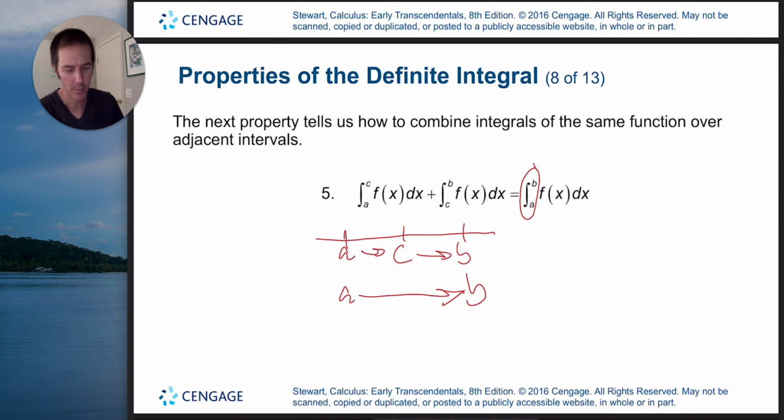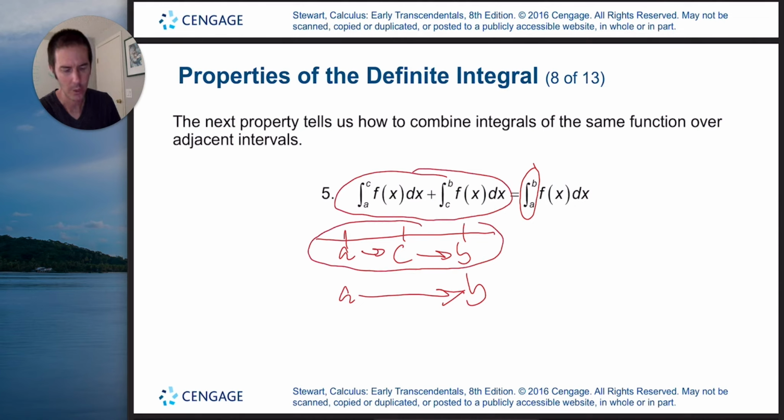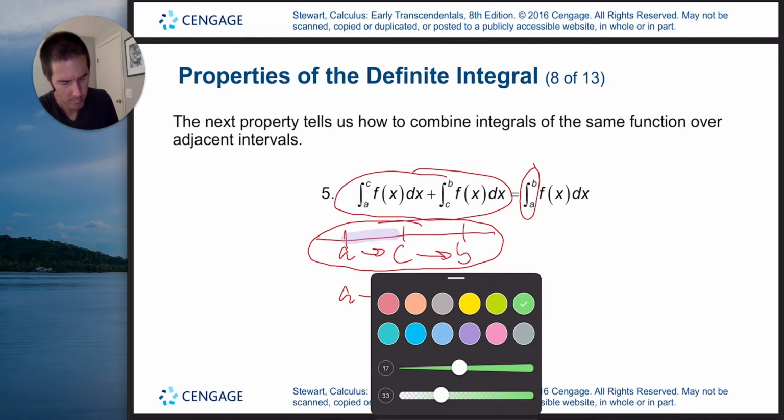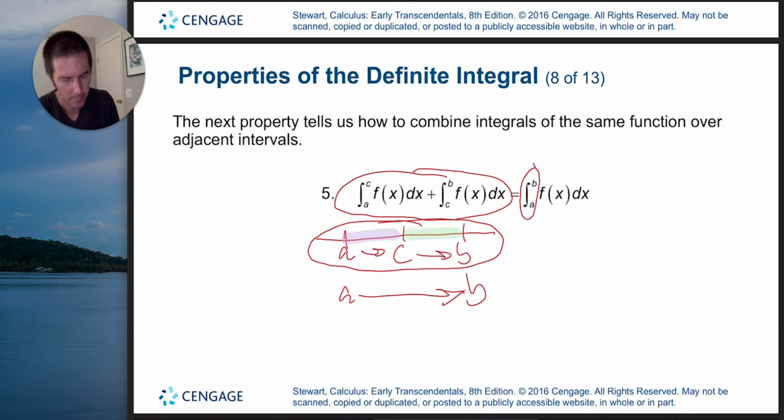Why would I do that? Why would I take two separate integrals that are actually adjacent to each other? Why would I have them separately to begin with? I don't think you would. You might, but maybe not.